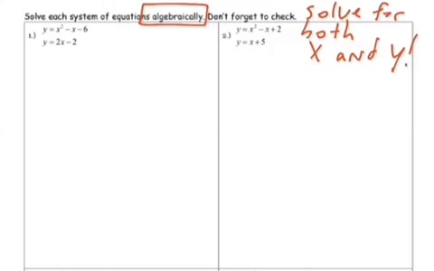So make sure you do not stop after you solve for x. Before you start the questions, again, remember, get the answers from your calculator first by doing y1 equals, y2 equals, second, trace, intersect, and write down your solutions. That should help you remember that once you solve for x, you're not done until you solve for y.